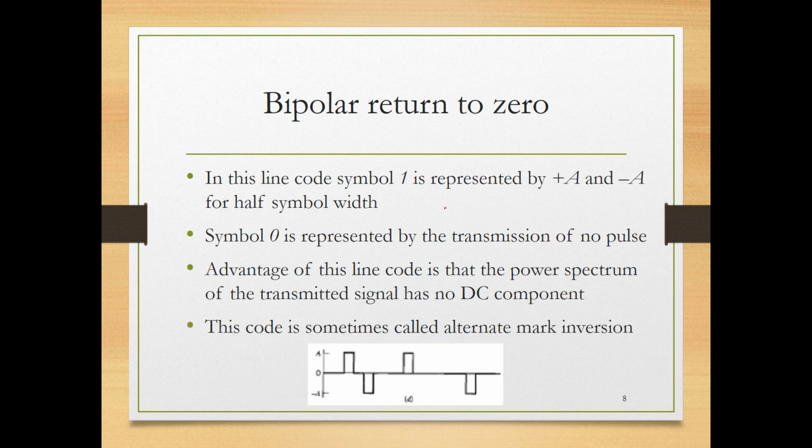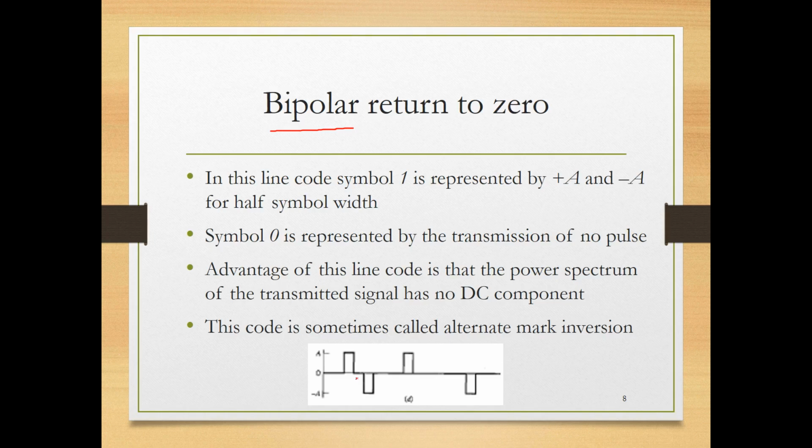Bipolar return to 0 is another form. We talked about unipolar, polar, and now we have bipolar. What does bipolar mean? Bipolar means that the first 1 in your binary sequence, you represent by a positive pulse.